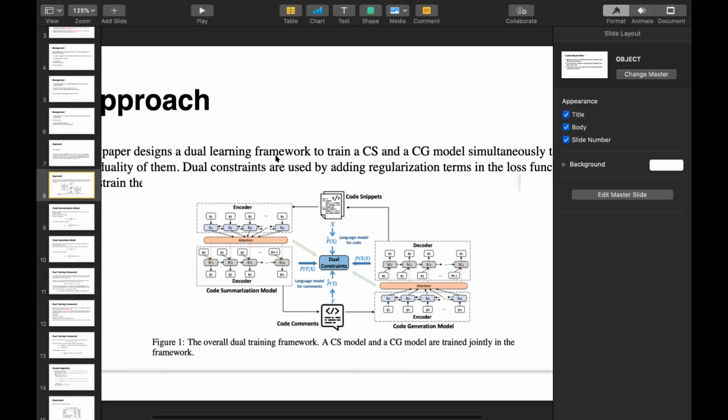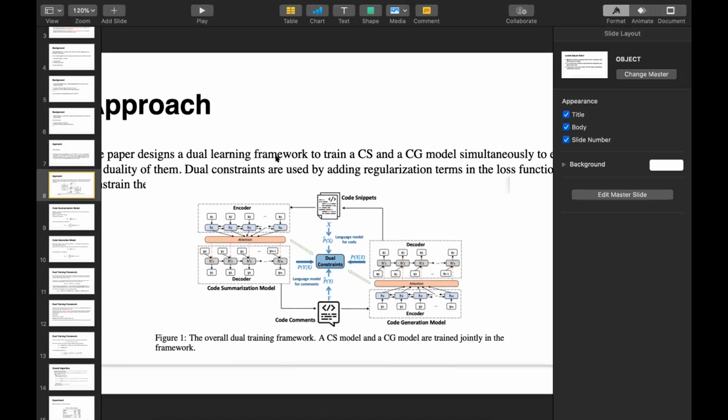Sorry, Yihao. I have a question. For traditional training, whether we generate code or generate comments, the loss function is defined by comparing the generated comments with the real comments, and vice versa. The loss function for code generation is defined by the generated code and the real code, right?